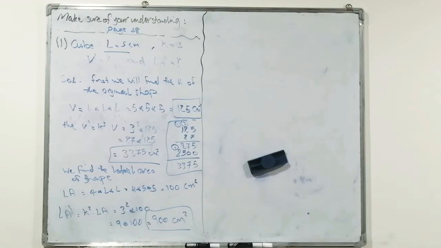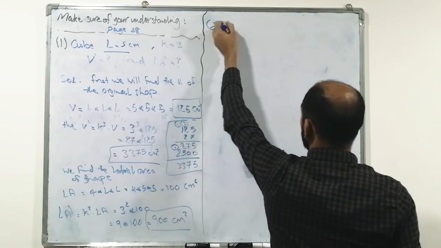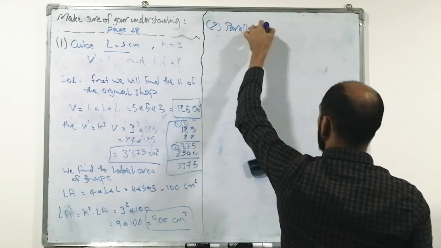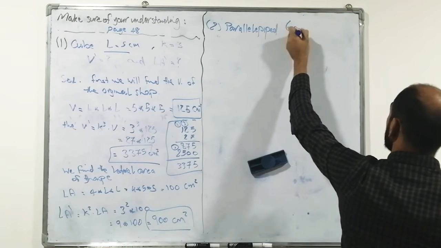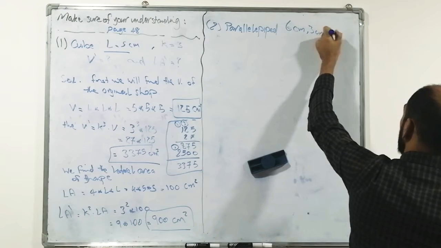Now we'll take question number 2. In question number 2, we have a parallelepiped. Here the shape is a parallelepiped, not a cube, whose dimensions are 6 centimeter, 3 and 9.